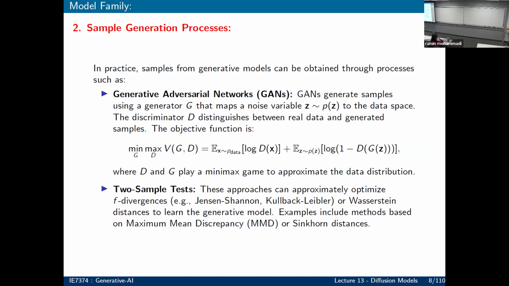Oh, sorry, this is one minus. So maximizing this part means that for any data generated by the generator, the discriminator should give a really low probability. That's why you have one minus. If this is low, one minus becomes large. If the discriminator is not capable of separating the real data from the fake data, that becomes a challenge.